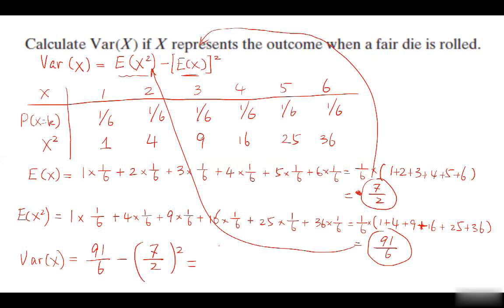So this is 91/6 minus 49/4, which gives us 35/12. So this is the final result. Okay, do you understand? Any questions you want to ask?